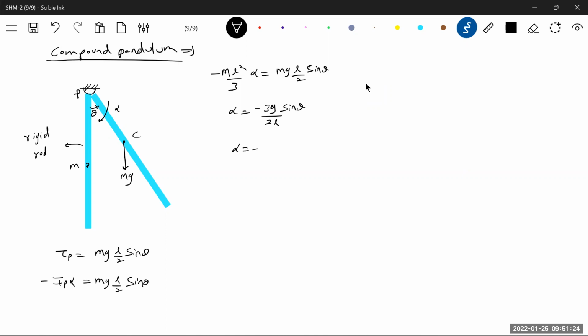So for small angular displacement, the time period is given by 2 pi root of 2L by 3g. Directly we are bringing it.